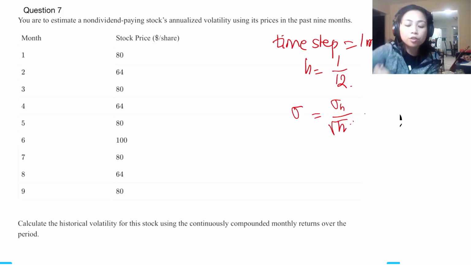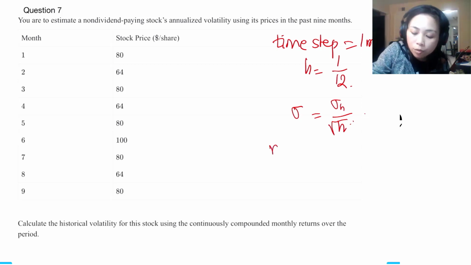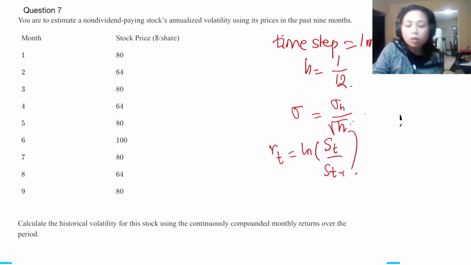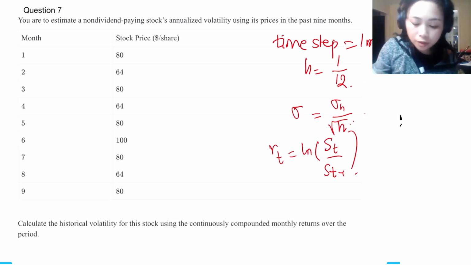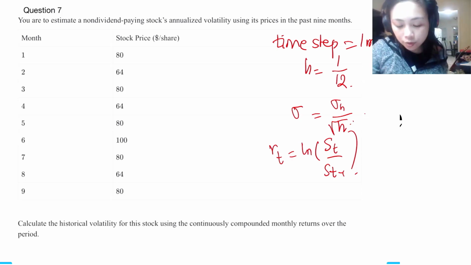For the first time step, we don't have the previous value, so we cannot find R1, but we can start by finding R2. R2 is equal to natural log of 64 over 80. We take the new value over the old value, and it should be negative 0.22.